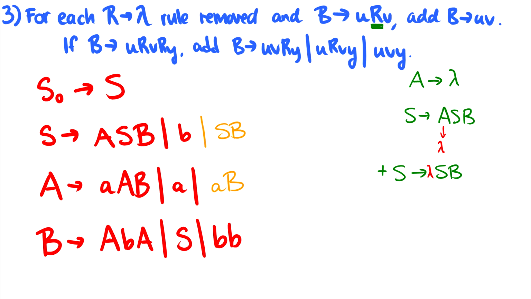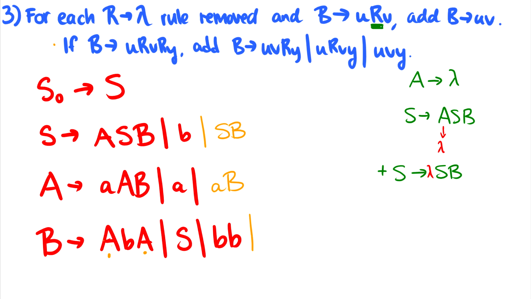Then for this third rule, B goes to capital A, b, capital A, we have to take a look at the second point. If B goes to u, r, v, we add all possible combinations of that r being removed. So we have to add all possible combinations of these A's being removed.